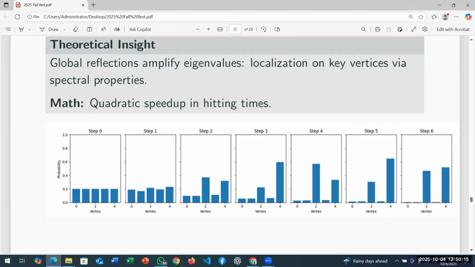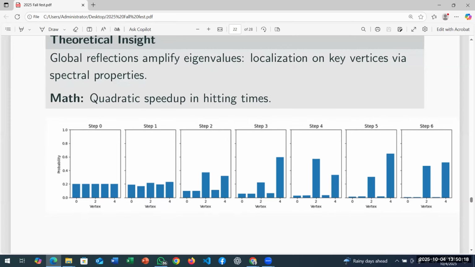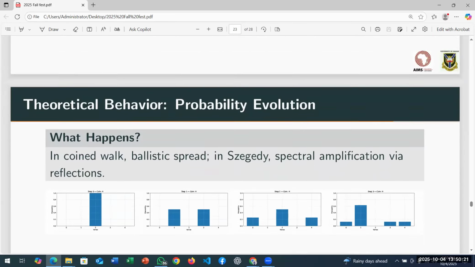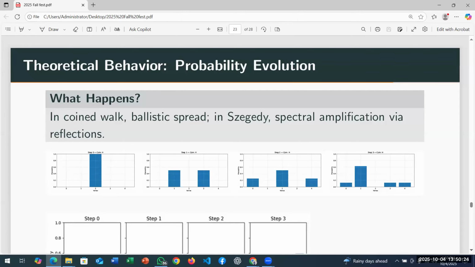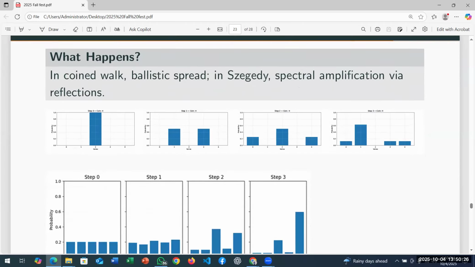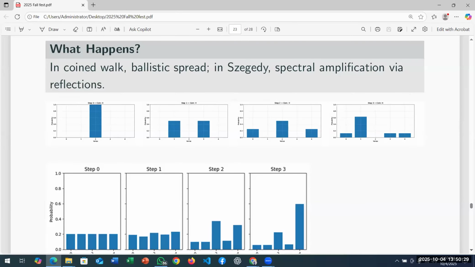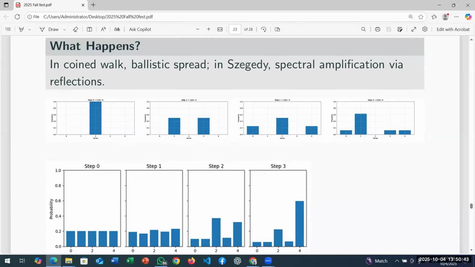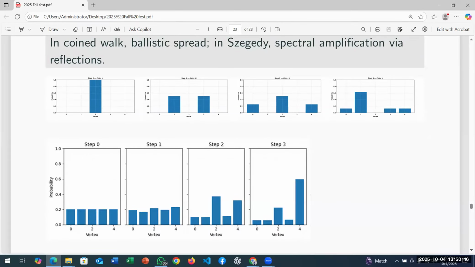Let me now show the output of these. I put them together in order for us to see the differences between them. The diagram above is telling us the evolution of the Hadamard gate over the musical graph, and the image below is telling us the probability evolution for the Szegedy quantum walk.